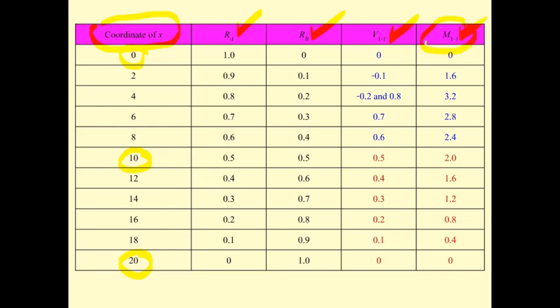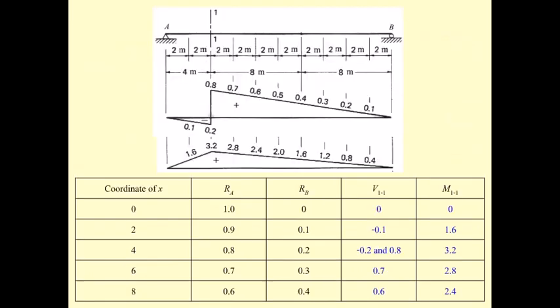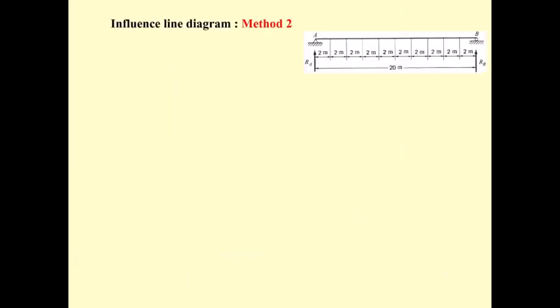And putting all the numbers into this, you will get the shear diagram and moment diagram. And this shear diagram and moment diagram we have discussed at the start of this clip, right? Okay, this is kind of taking a lot of time to draw the shear diagram and moment diagram. So we move to the second method.